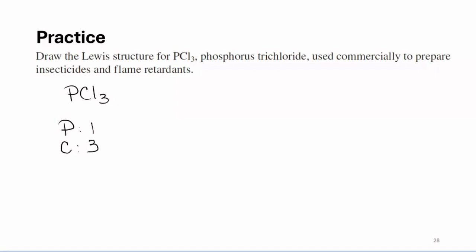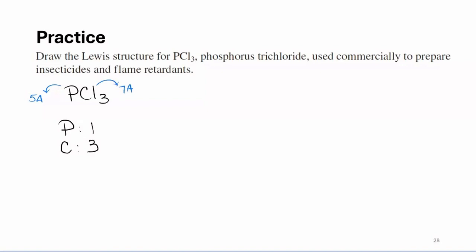Next, I go and I look at my periodic table, specifically, what are the group numbers for these atoms? Phosphorus lives in group 5A, while chlorine lives in group 7A.